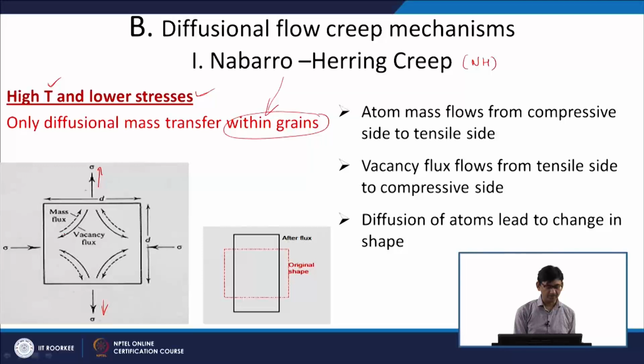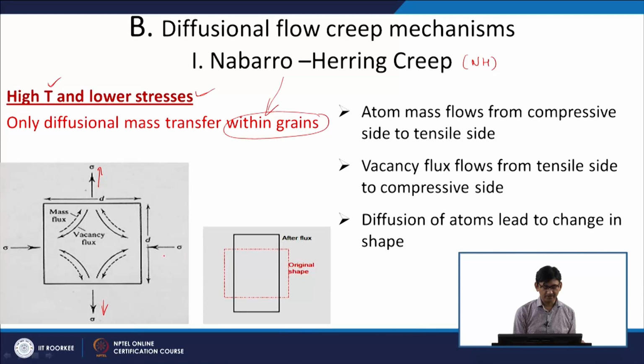So, what will happen? The atoms would like to go to the side where the tensile stresses are, and these are the induced compressive stresses because of the tensile stresses. So, atoms are getting compressed in this direction, and I am applying a tensile stress in this direction. So, I am opening spaces here, kind of stretching the bonds here.